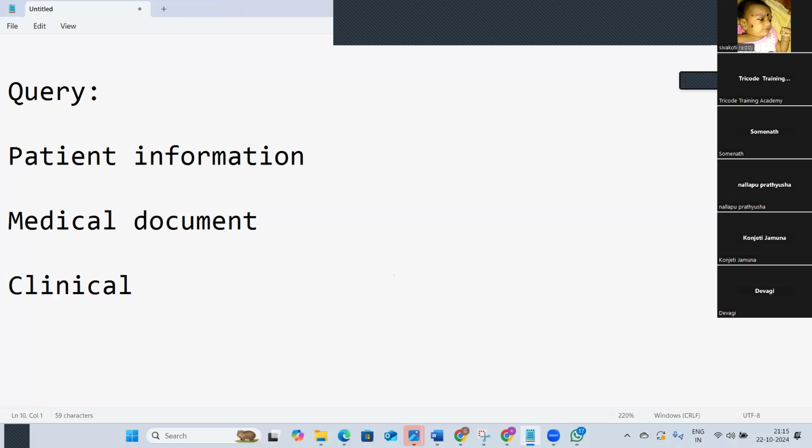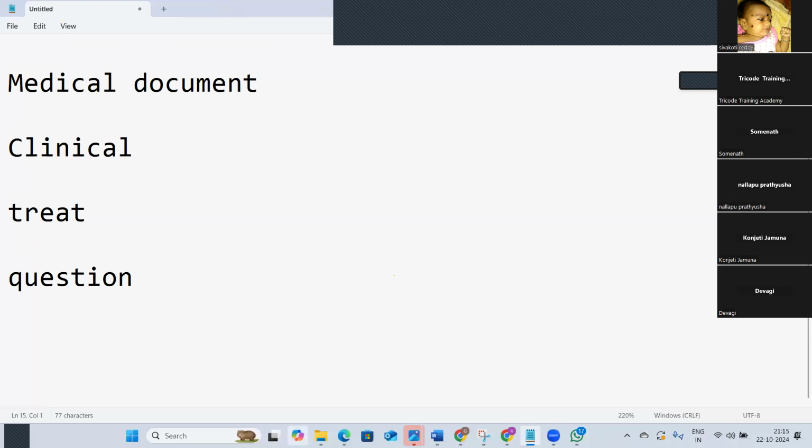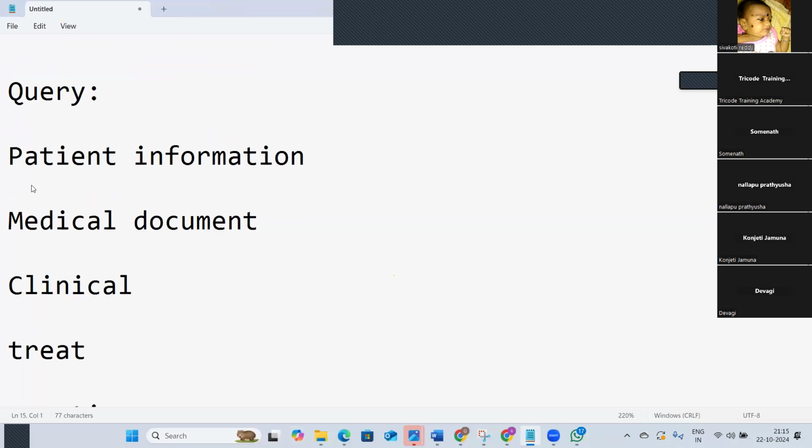Next, treatment. Then our question. This is a complaint query. Until this question, what comes after this we can call the complaint query.